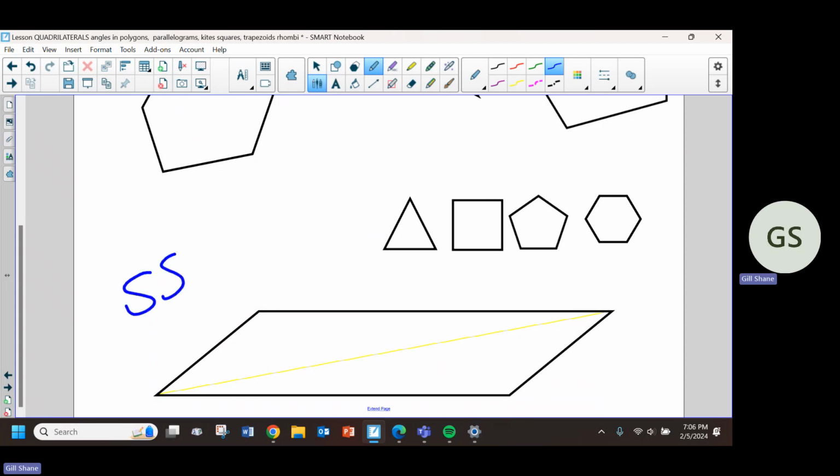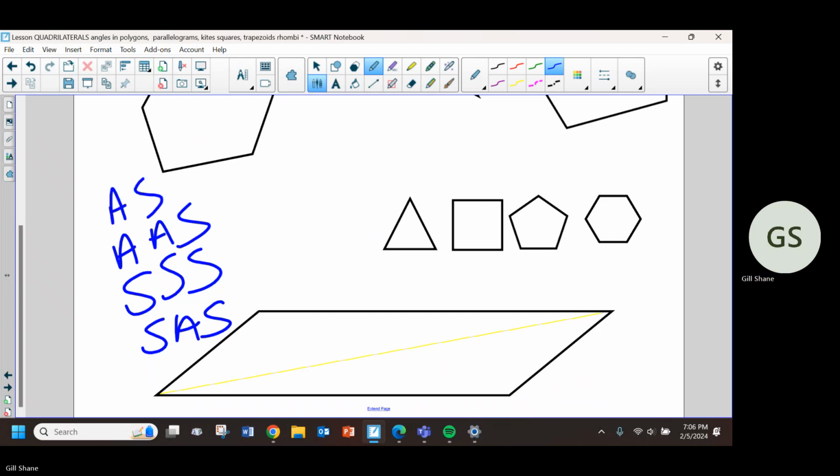If you really have a good grasp, go back and look at proving triangles congruent, because that would really come in handy in a lot of these lessons we're going to be doing. Those 4 things, if you can ever prove those 4 things in some of these shapes we're seeing, you can figure out which triangles are congruent. And by figuring out which triangles are congruent, you can figure out which line segments are congruent.